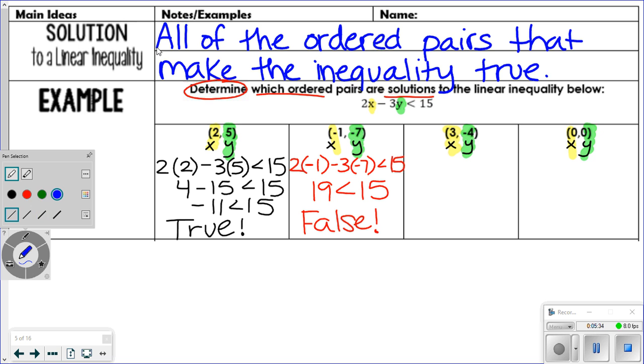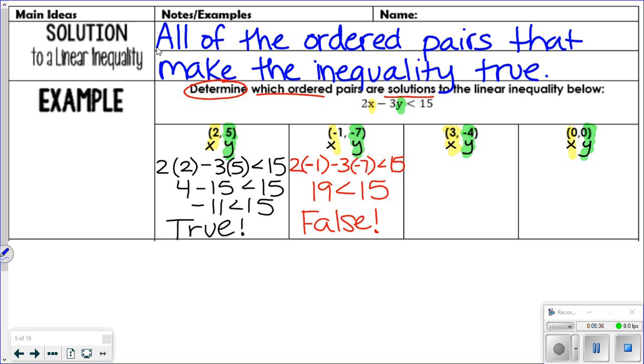All right, I want you to try the next one. You can do it. Plug in 3, negative 4. So this is 6 plus, because 2 negatives make a positive, so plus 12. 6 plus 12 is 18.